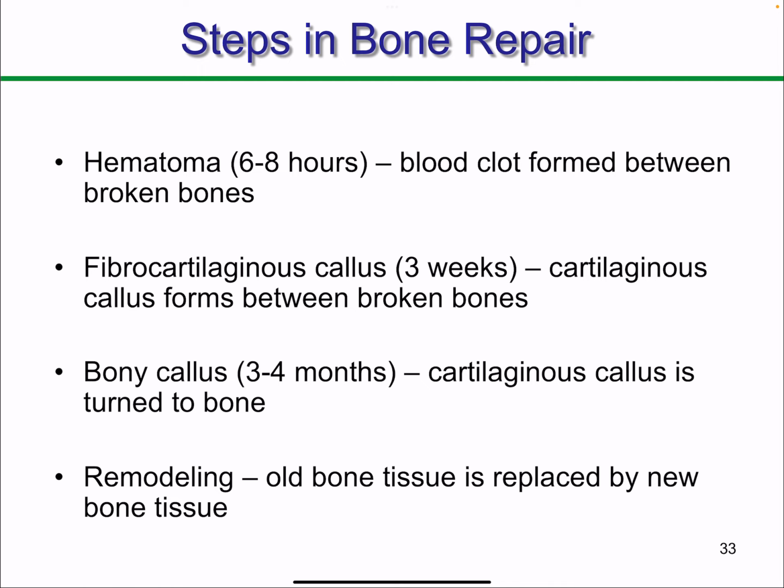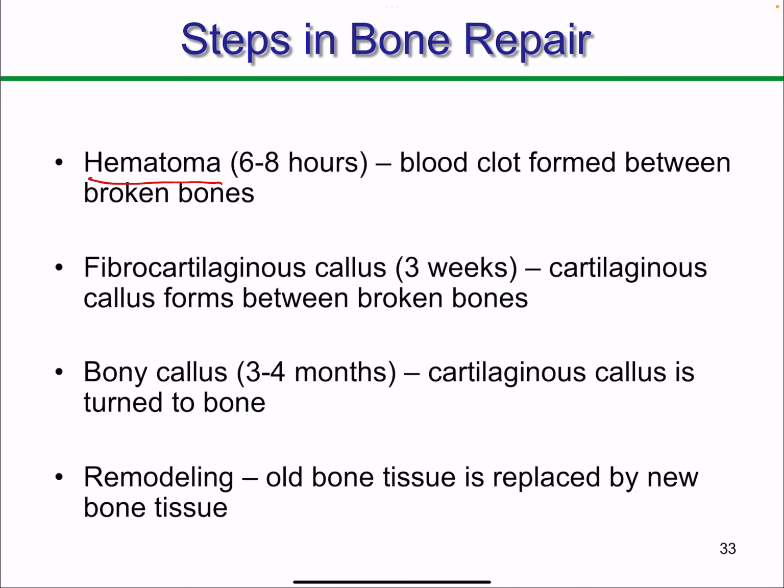Then, sometimes when we do activities, we can actually break our bones. When that happens, what is the process by which the bones are repaired? Well, whenever you have a rupture of a long bone, first and foremost, you're going to have a hematoma that forms.